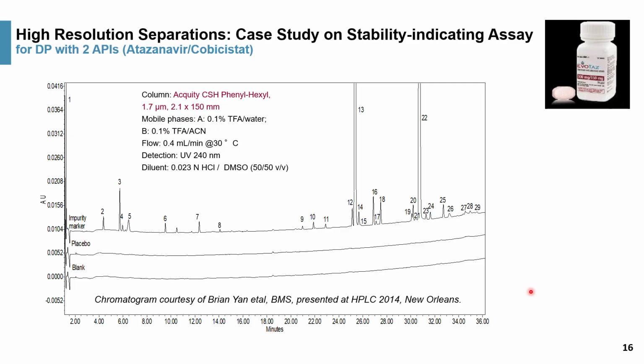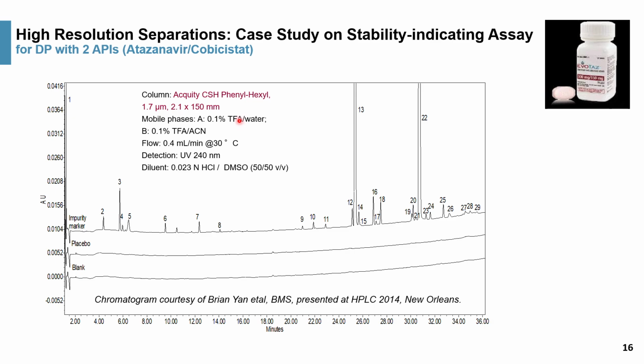A second benefit is high resolution separation. This case study came from Brian Yang of Bristol Myers Squibb. He gave that presentation at HPLC 2014 in New Orleans, showing a drug product with two APIs, with the retention marker mixture of the expected impurities and degradation products.